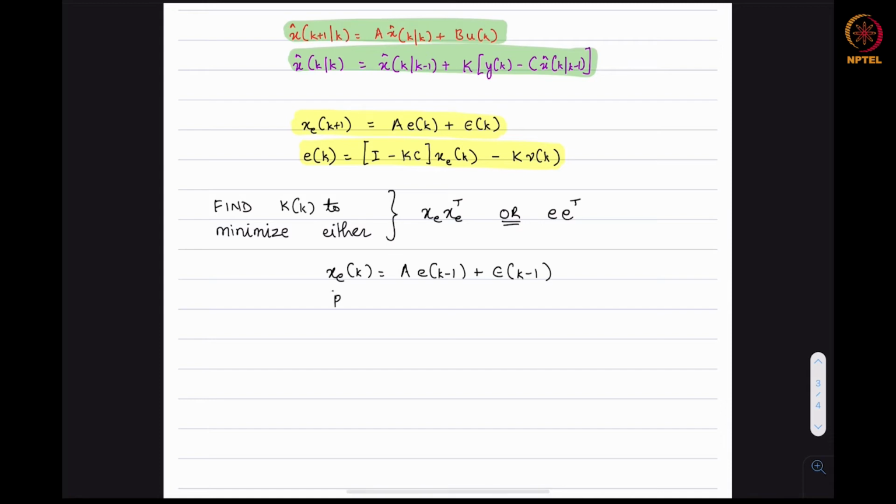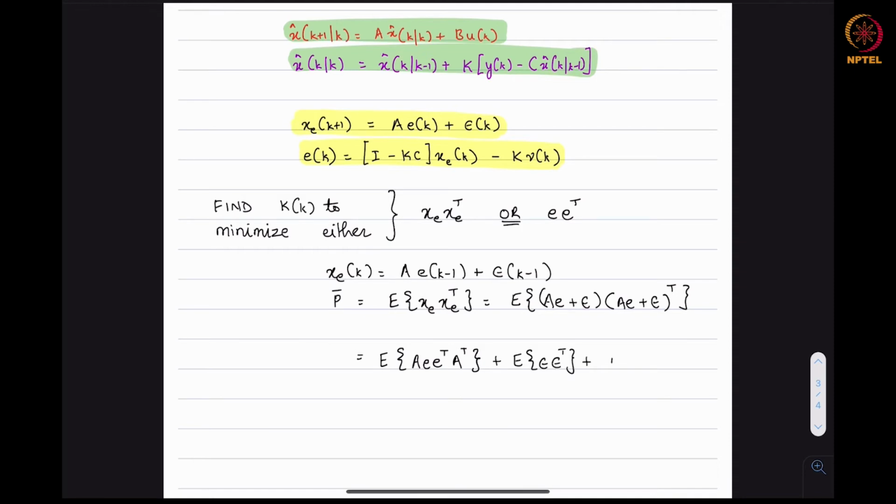P bar is nothing but the expectation of X E transpose, which is the expectation of (A E plus epsilon) times its transpose, which we can write as the expectation of A E E transpose A transpose plus the expectation of epsilon epsilon transpose plus the expectation of A E epsilon transpose plus the expectation of epsilon E transpose A transpose. Okay, this is what we get.